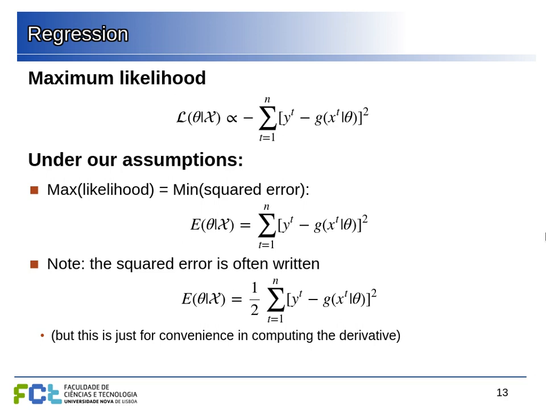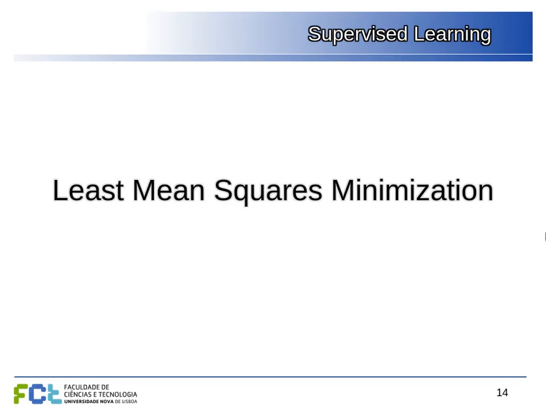You're just multiplying by a constant. But this is convenient for the derivatives, because when you compute the derivative, this 1/2 will cancel the 2 there and you get a more convenient expression. So you'll often see the quadratic error written as 1/2 of the quadratic error, but it doesn't change anything. It's just convenient for the derivative because of the way we do the minimization afterwards.